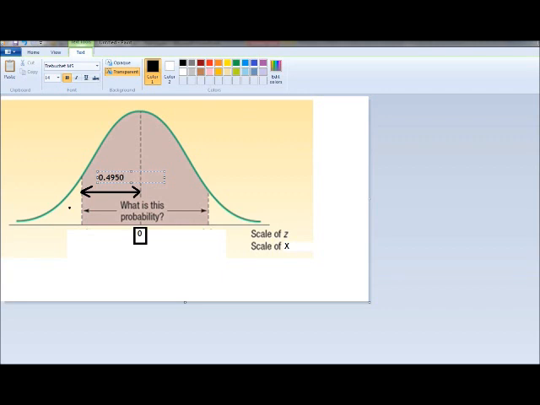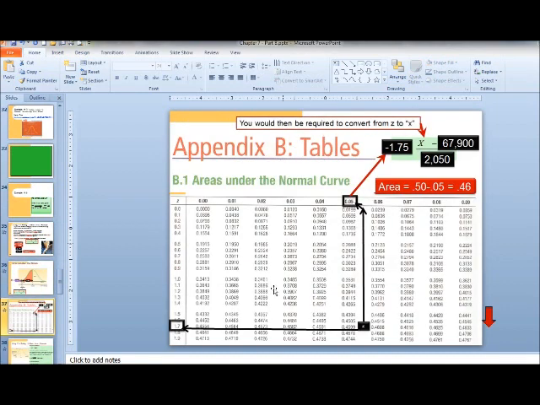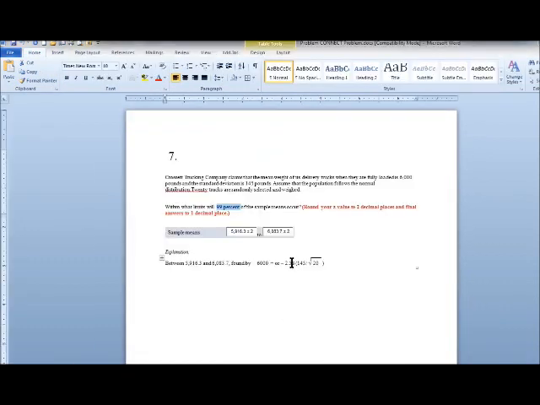Now, when we talk about area, we're talking about the center part of the chart, and you would look through all these values for 0.495, and once you found it, you would go out and say what the z value is, and it's going to be 2.58 in this particular case. So I hope that helps.